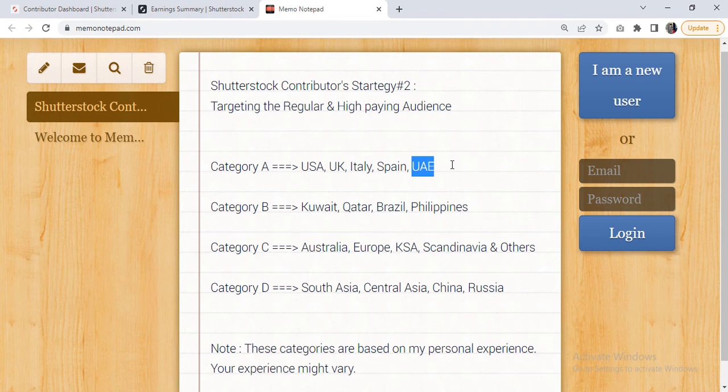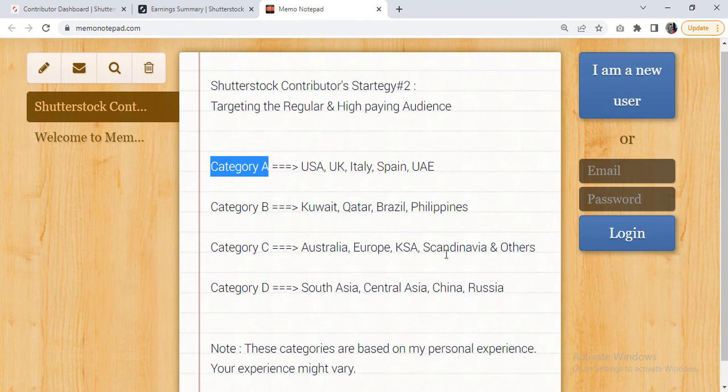Okay, so this is just one example. In other words, the countries that I have listed as category A have maybe much more users that use Shutterstock to buy images or vectors, based on my personal experience.